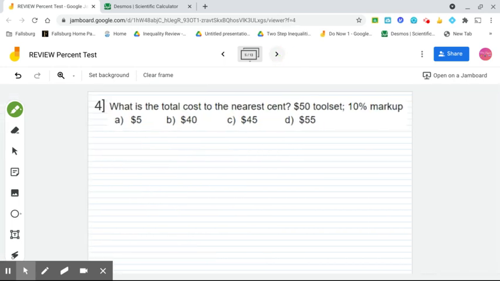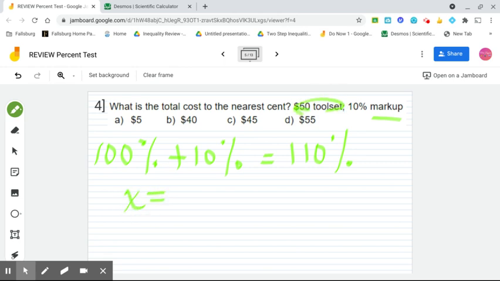Number 4, what is the total cost to the nearest cent? We have a $50 tool set with a 10% markup. Remember, markup is an additional price. So we're going to do the same thing. We have 100% plus 10%, which means we're paying 110% of this $50.